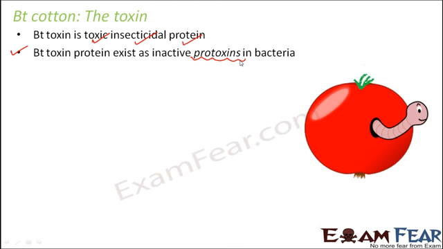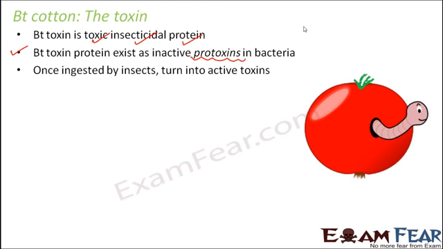Now the question is, what actually triggers the activation of these BT toxin proteins? Once ingested by the insects, it turns into active toxins. Let us try to understand exactly what happens. As I said, BT toxin is present inside the bacteria. How does the bacteria produce this toxin?